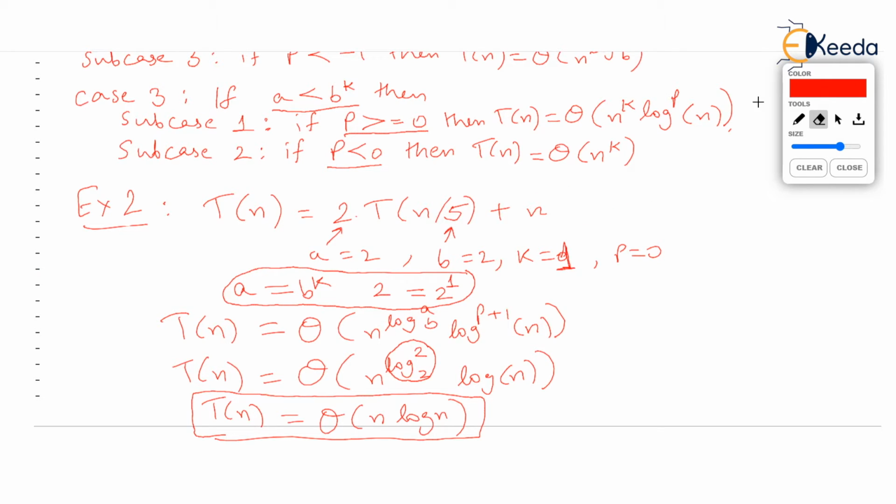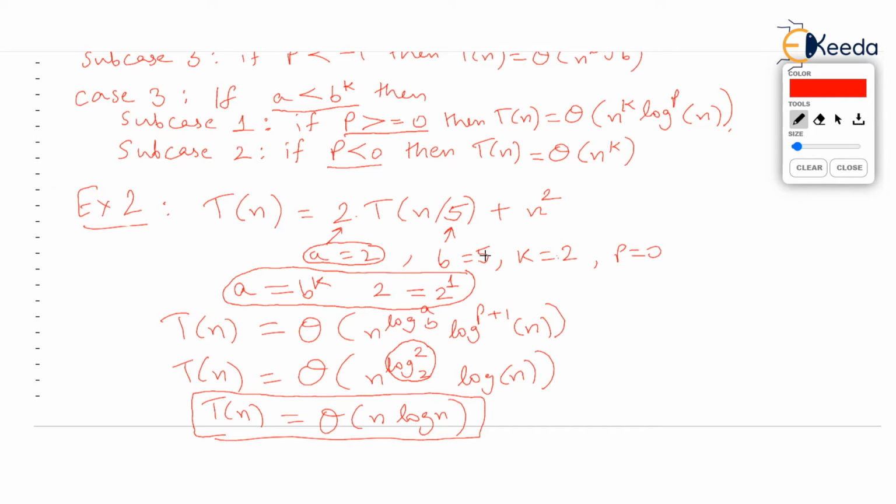Now check this recurrence relation. T(n) is 2T(n/5) plus n square. So here again a is 2, correct? But b is 5, isn't it? The value of b is 5 and the value of k is 2. The value of k is 2 because n raised to k, isn't it?